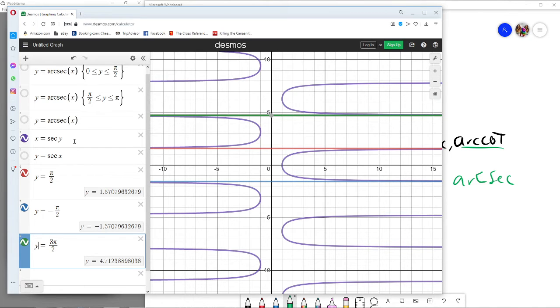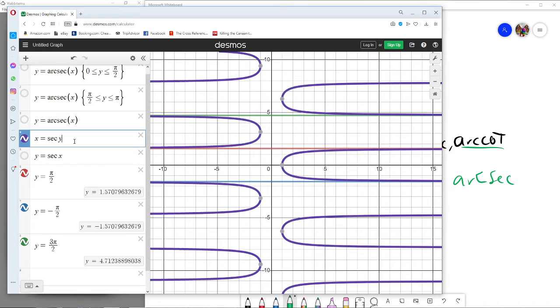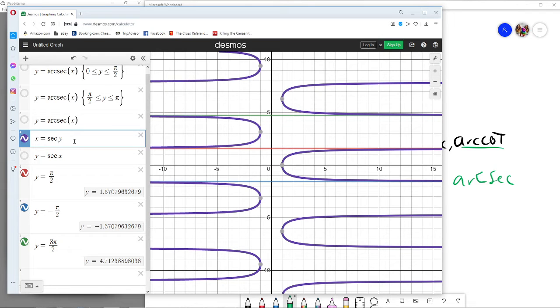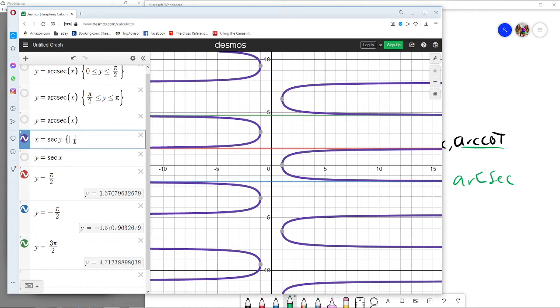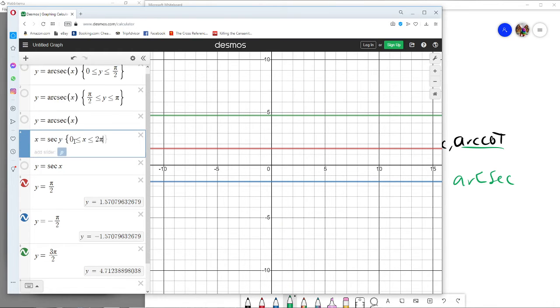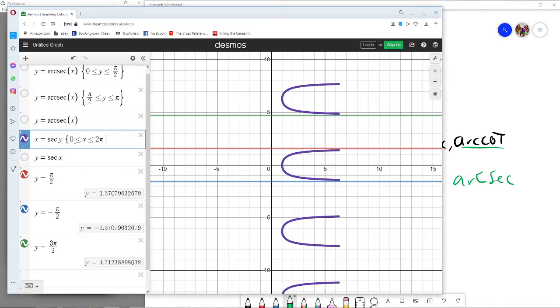We can see that we need to make a domain restriction. If we make a domain restriction where x is between 0 and 2 pi, let's see what that looks like. That gives us part of the graph, and we're missing this stuff over here.